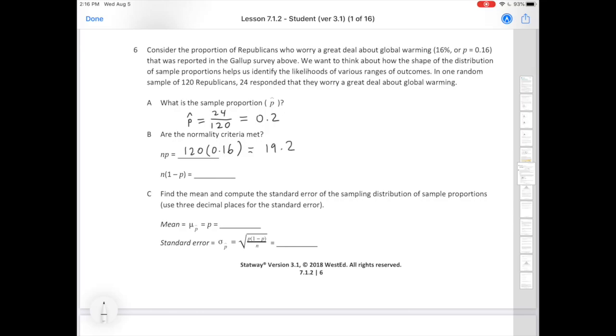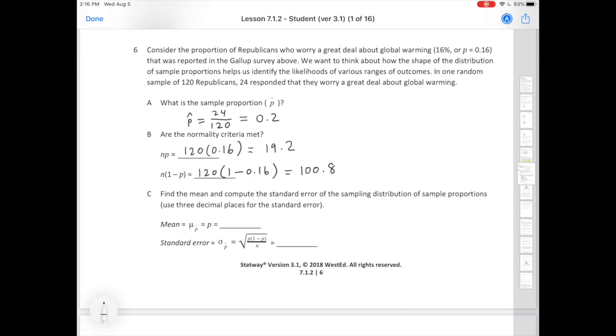And now we're going to do n times 1 minus p. So I'm going to do 120 times 1 minus 0.16. Don't forget to put the parentheses in your calculator. When I multiply those two things, I get 100.8.